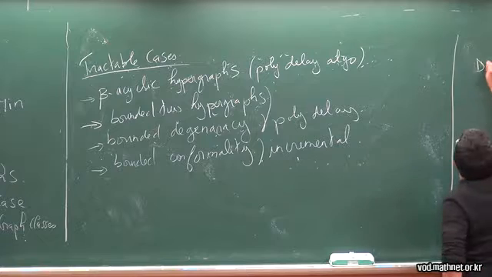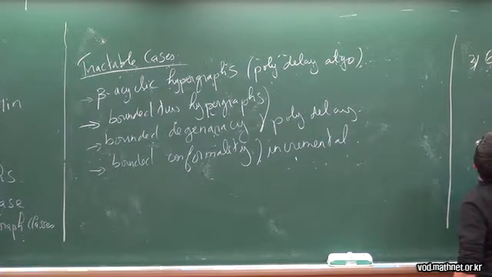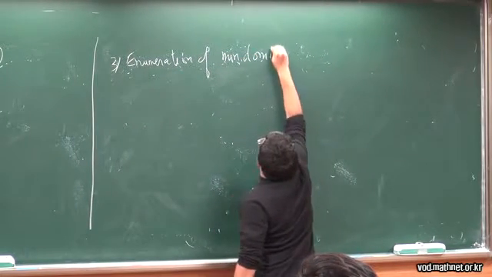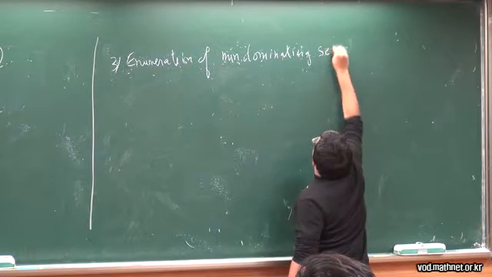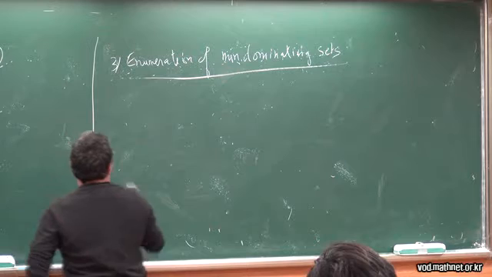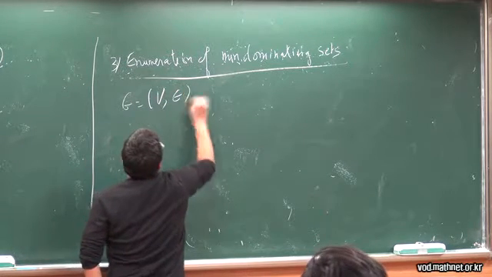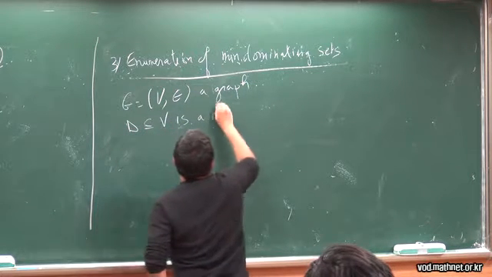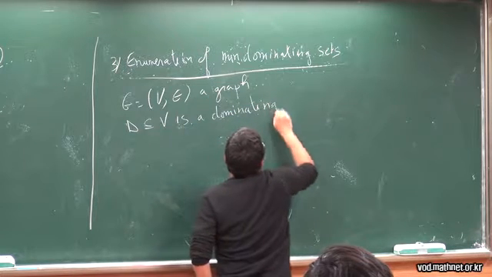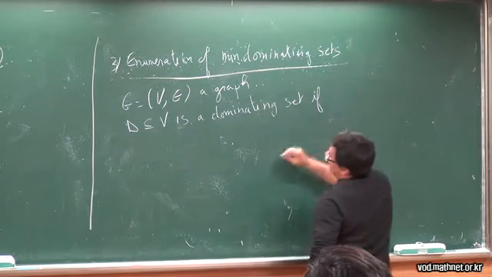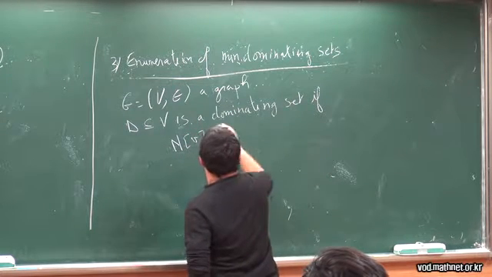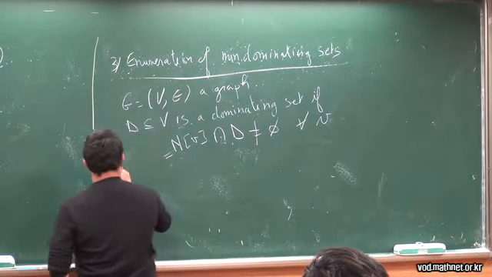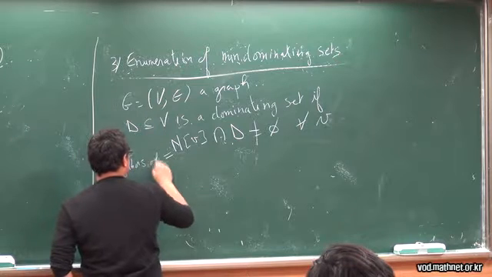So now the dominating set problem, the enumeration of minimal dominating sets. Take a graph G. D included in V is a dominating set if it intersects N[v], the neighbors of v including v.